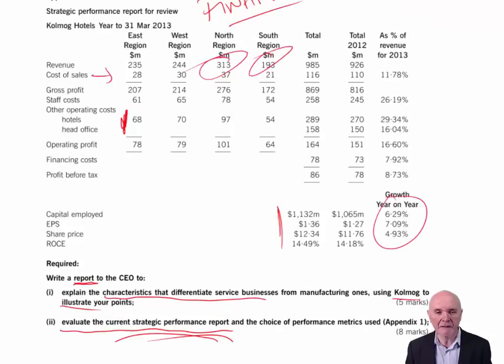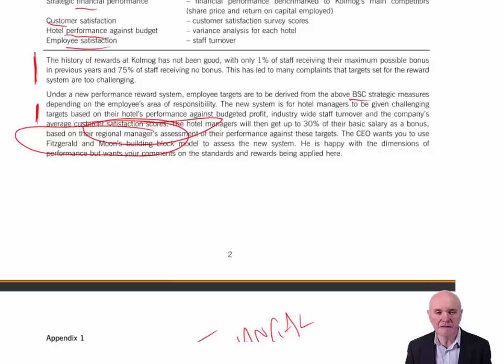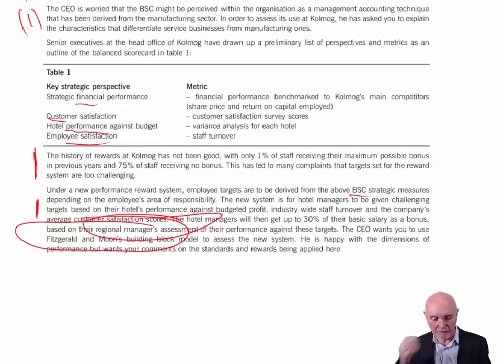So let's just go back and see this. And I think it's this last paragraph here. So let's just read through that again. Under a new performance reward system, the targets are to be derived from the above balanced scorecard strategic measures depending on the employee's area of responsibility.